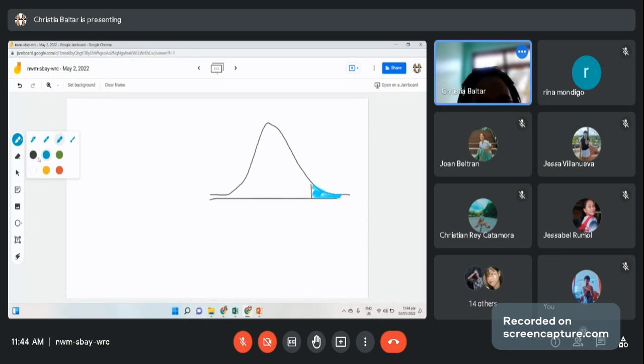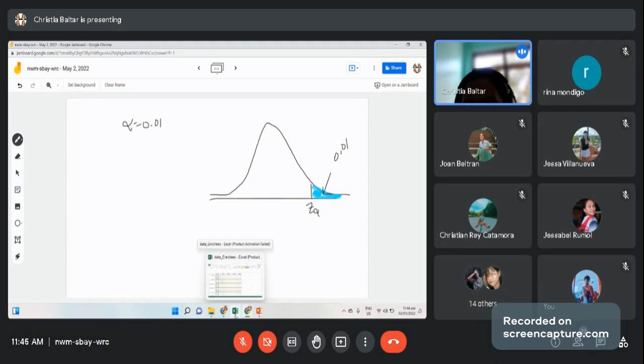And then let's say I'll be using 0.01 as level of significance. I will ask you, what do you think is the Z alpha here? This is 0.01. What is the Z alpha?